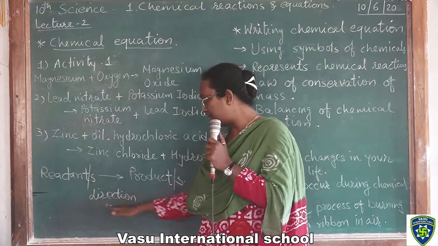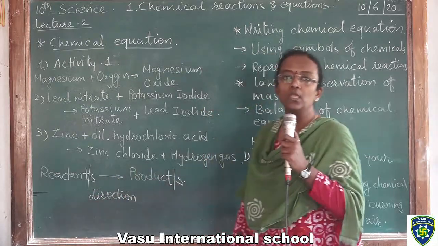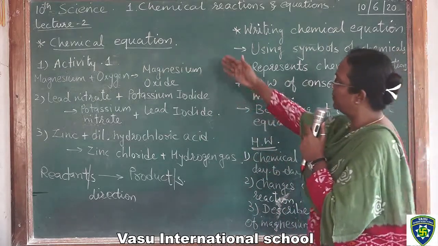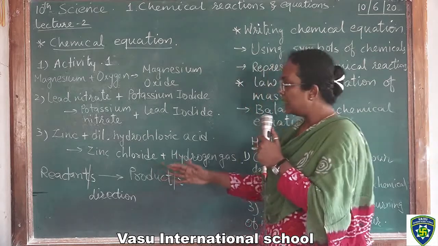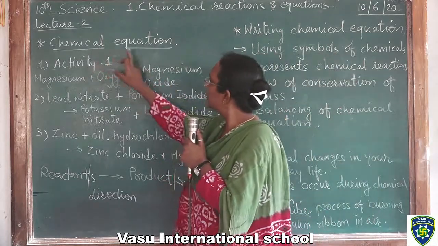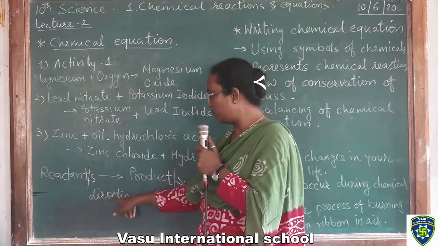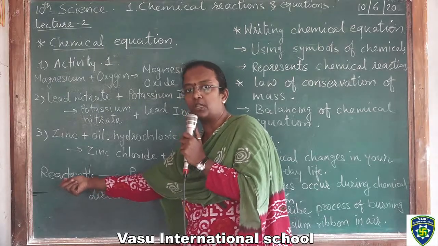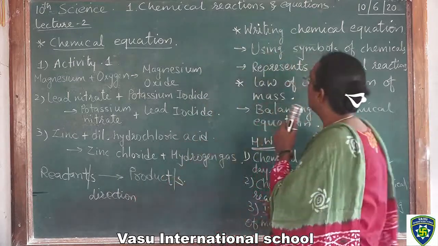The arrow indicates the direction, and on the right hand side of the arrow, the final result, which we call the product, is written. In this way, a chemical equation is written as reactants, arrow, product, where the arrow shows the direction, that means the chemical reaction takes place from left hand side to right hand side.